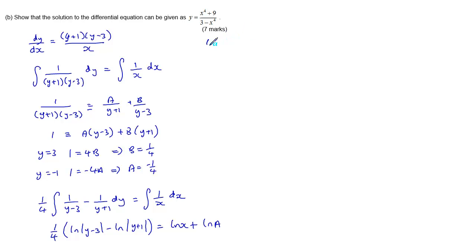And then using log laws, that gives me ln of (y minus 3) over (y plus 1) is ln ax. Of course there's a quarter here. Let's take that up over the other side and we get ln of (y minus 3) over (y plus 1) is equal to 4 ln ax.